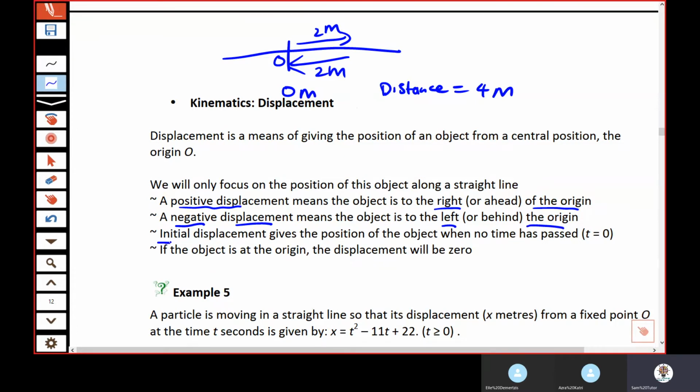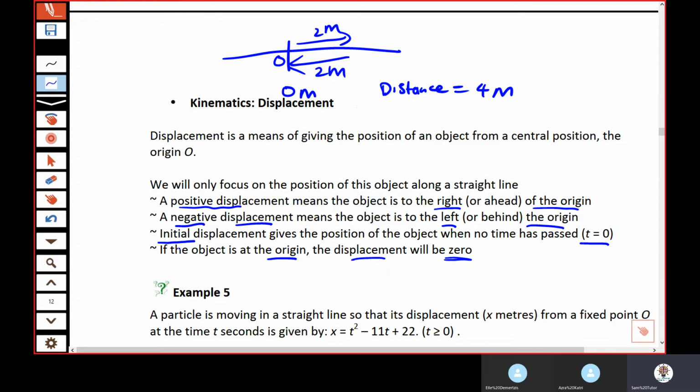If you see the word initial, initial always means when time is equal to 0. And of course, if the object is at the origin, its displacement is 0.